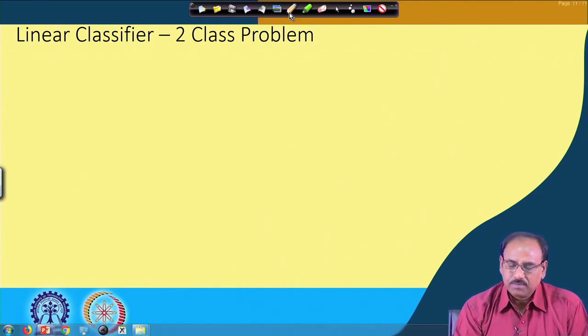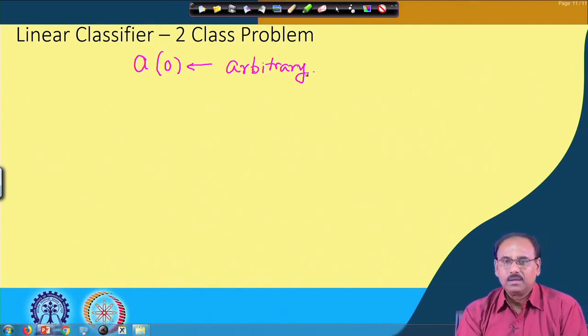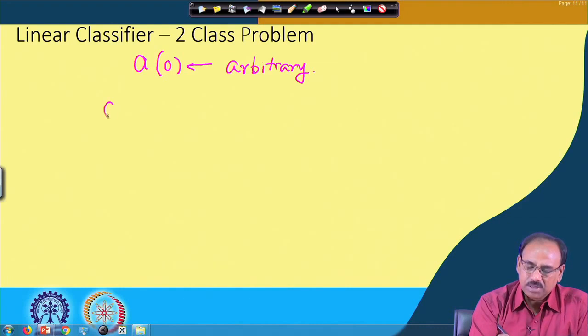Initially I assume that at the 0th instant my vector A0 is chosen arbitrarily. And we have also said that at any kth step in my iteration, I have a solution vector, say a k.